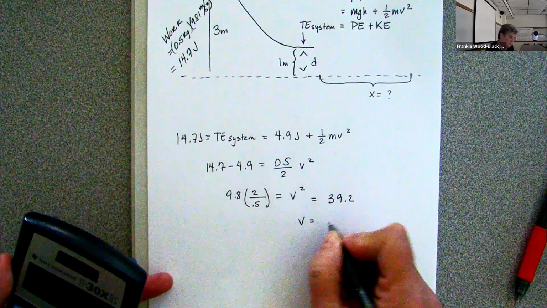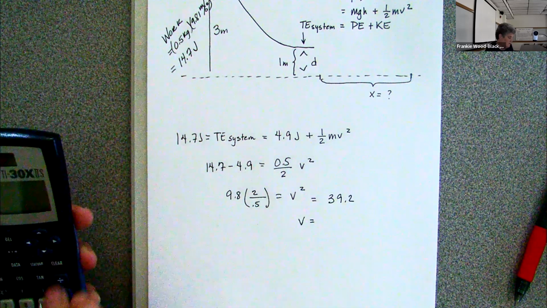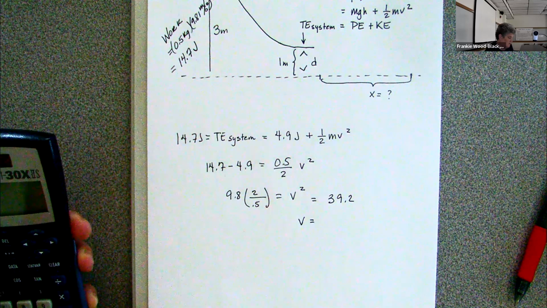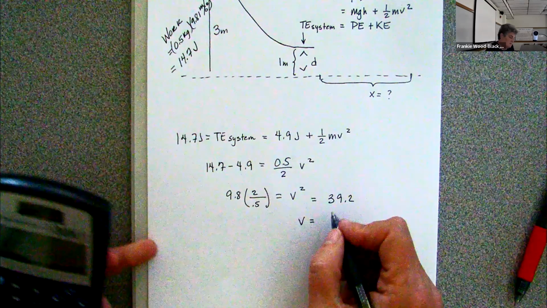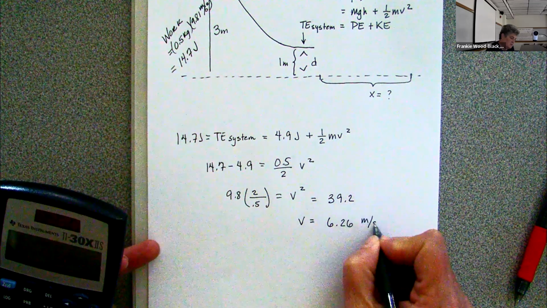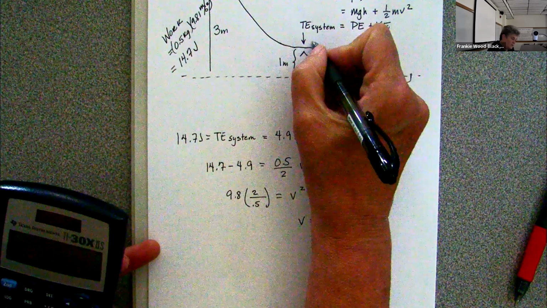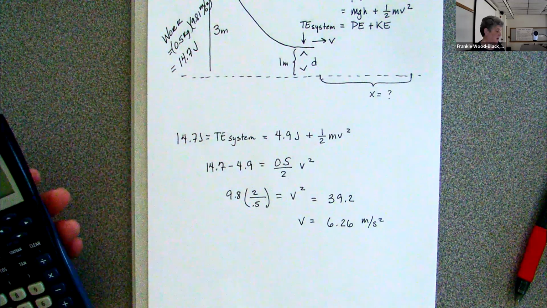V is equal to 6.26 meters per second. And now we know the velocity at which our ball is coming off of the top.